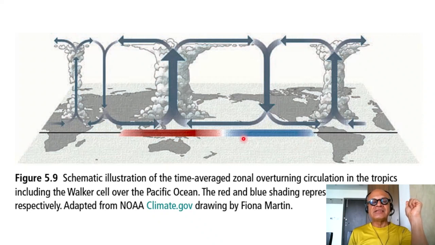And later on in the 1960s, Jacob Bjerknes pointed out that the Southern Oscillation and El Nino were the same, so now we refer to it as El Nino Southern Oscillation, which we'll come back to in a minute, and we have already looked at several times, and I have many podcasts on it as well.